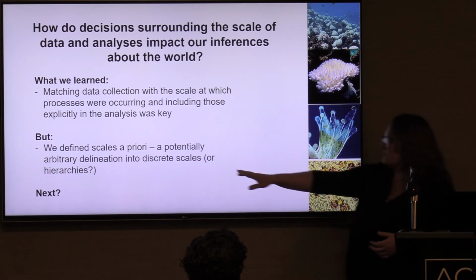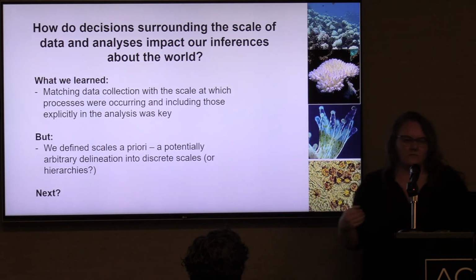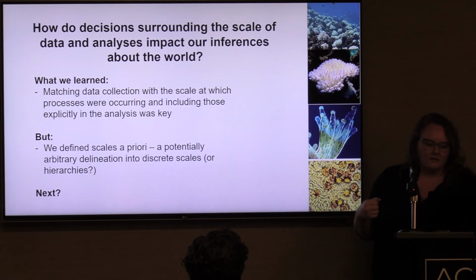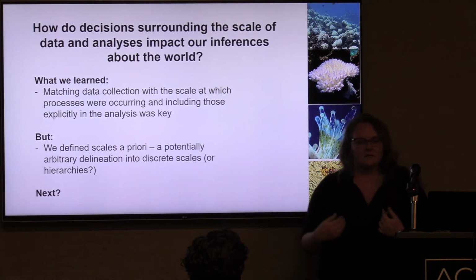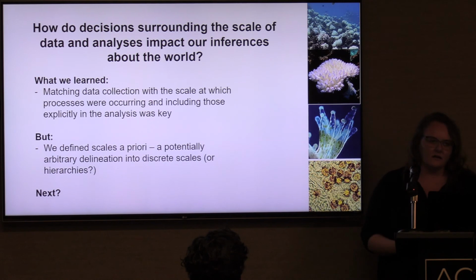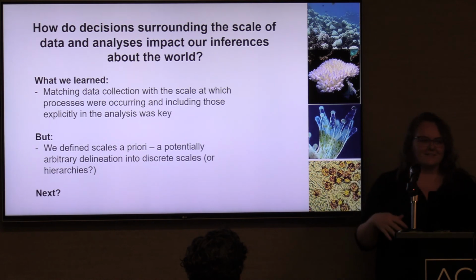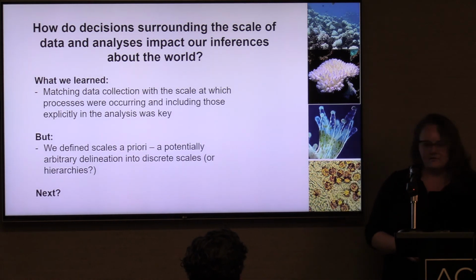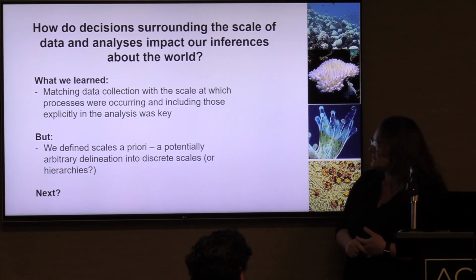I did want to point out, though, that potentially these scales are arbitrary. I decided them beforehand. And so maybe that's an issue, or maybe it's not, and a lot of the context in my mind for this was hierarchy theory, complex systems theory, and resilience theory, which don't necessarily translate directly onto geographical theory. And so I think that could be a fun point of conversation as well, and that's come up again today a few times.